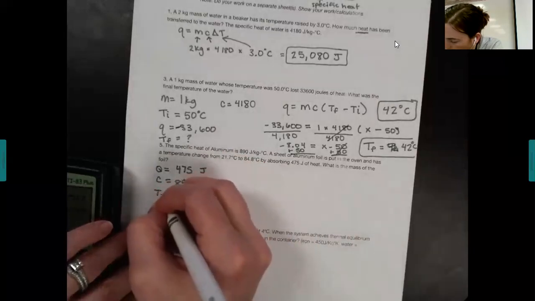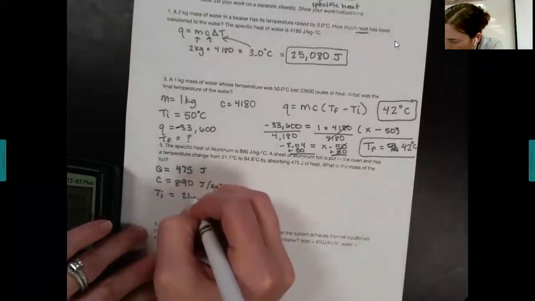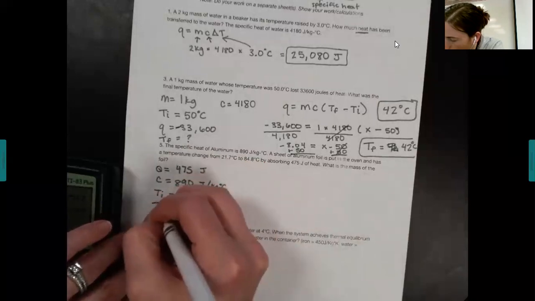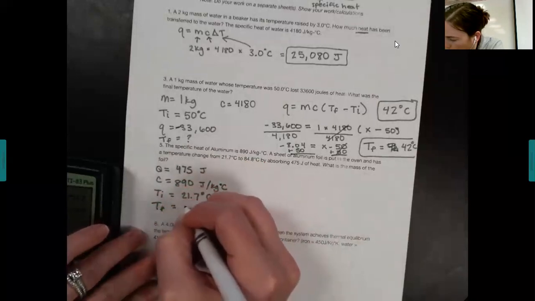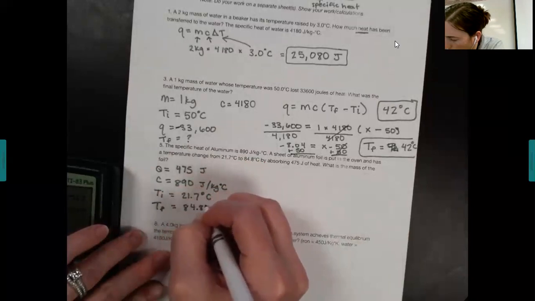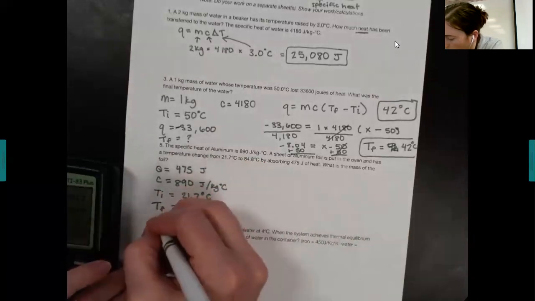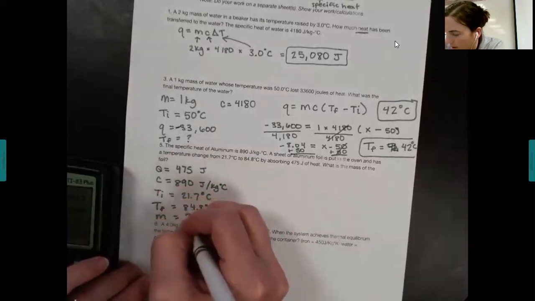The initial temperature was 21.7 degrees Celsius. The final temperature was 84.8 degrees Celsius. And then it's asking us to figure out the mass.